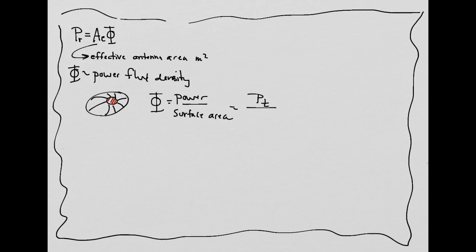Divide that by the area of the sphere, which is 4 pi d squared, d being the radius. d is actually distance, so think of the transmitter being at the center of the sphere and the receiver being out on the surface of the sphere. So the distance from the center to the surface, of course, is d. Don't think of it as being a diameter. It's actually a radius. And so that's the power density, in units of watts per meter squared.